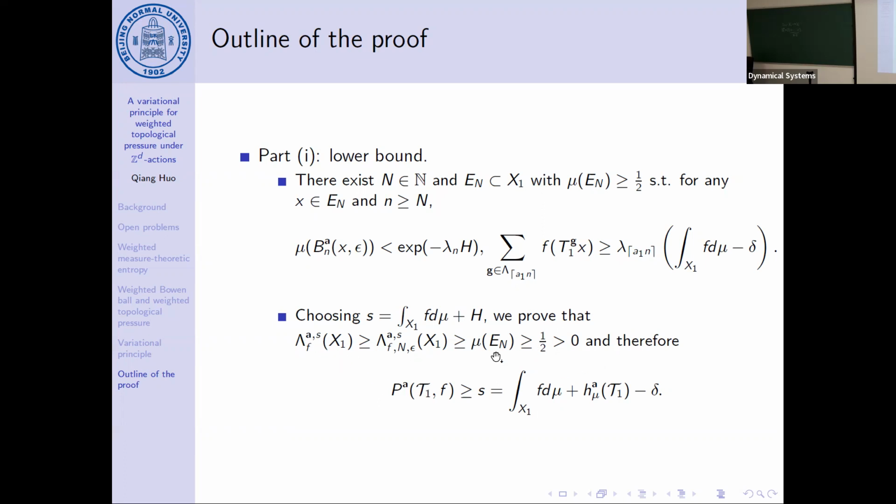So if this measure is bigger than 0, then the weighted topological pressure is bigger than s, and s equals the integral of f, the potential function, plus the weighted measure-theoretic entropy. This is valid for any epsilon positive. So we have finished the lower bound.